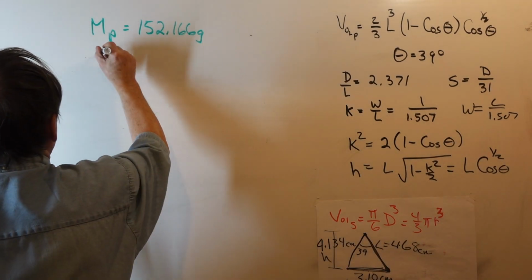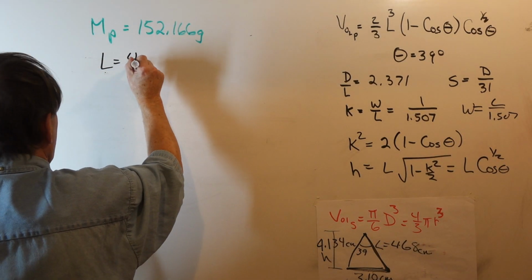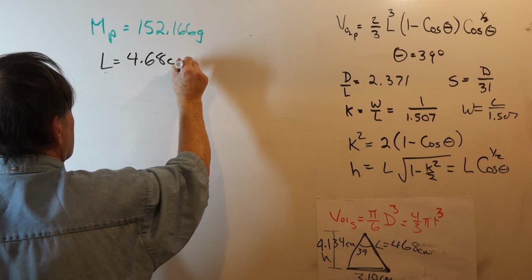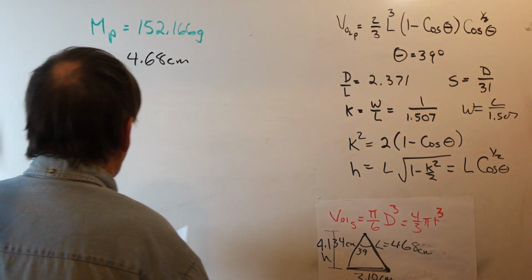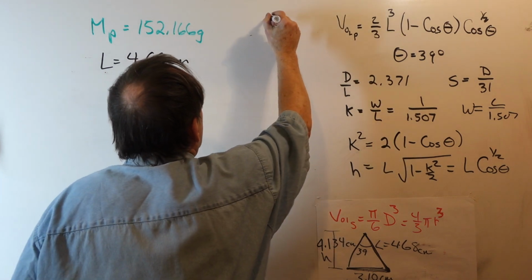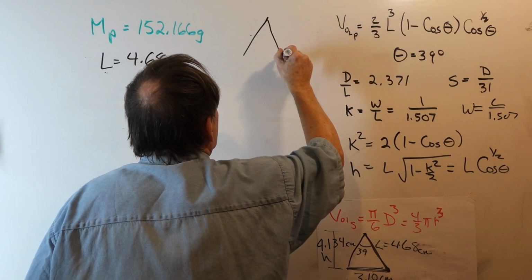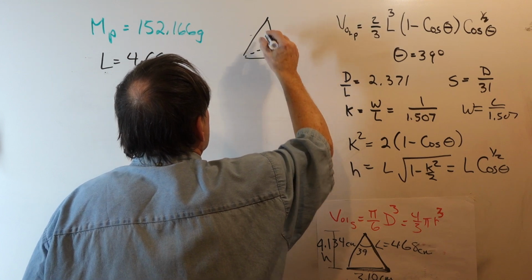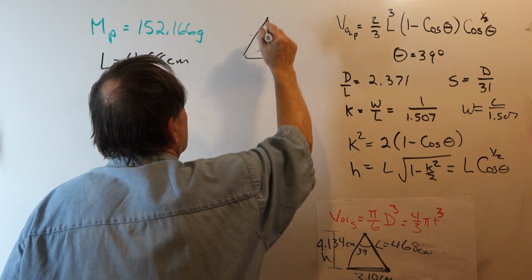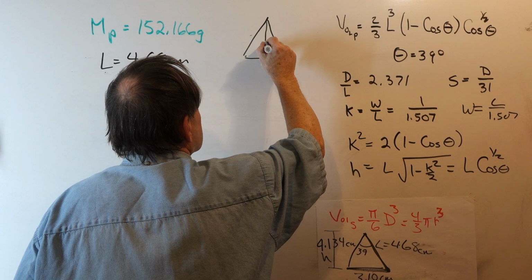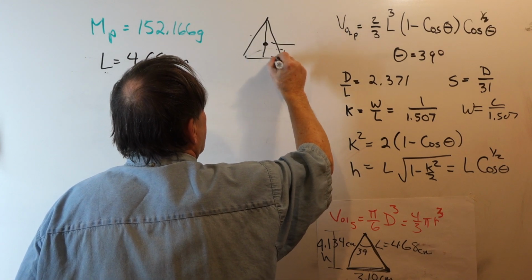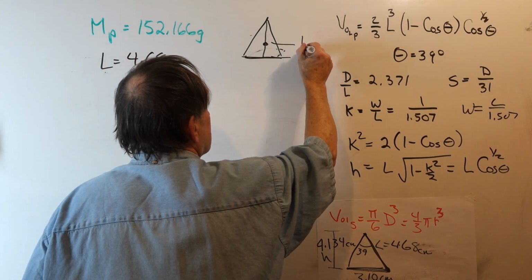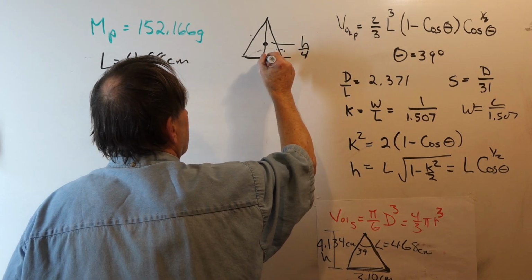So L is 4.68 centimeters. Now, if you have a pyramid with a square base, it turns out that the center of mass is 1/4 of the height. So it's H over 4 from the base up.